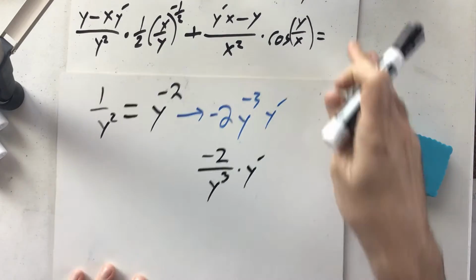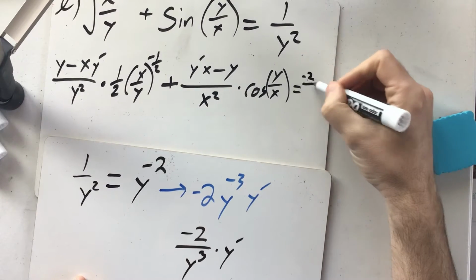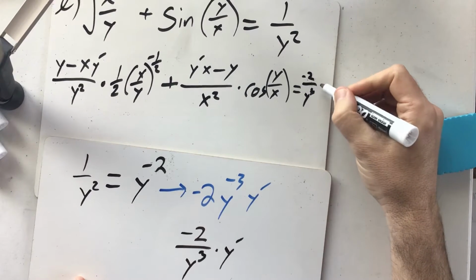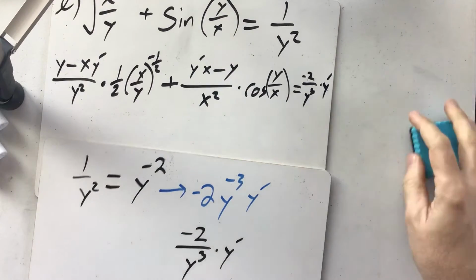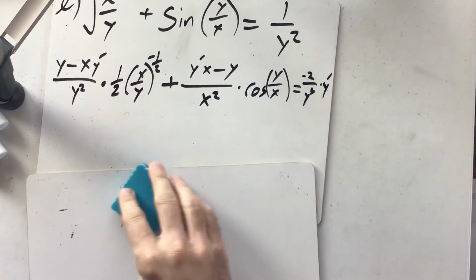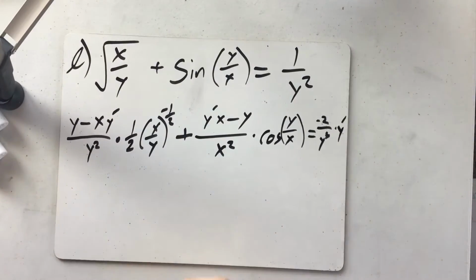So what I'm going to write over here is negative 2 divided by y cubed times y prime. All right, now we're ready for what might be the hardest task in this problem, and that is solving this for y prime.